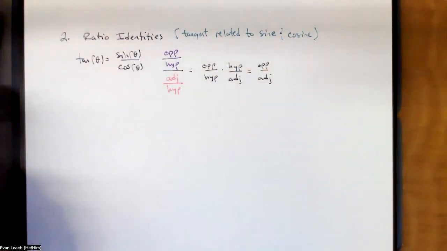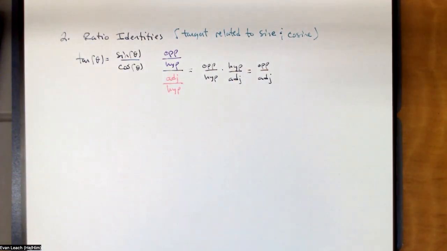So if we take opposite over hypotenuse and divide by adjacent over hypotenuse, we end up with opposite over adjacent. So tangent of theta is sine of theta over cosine theta. Tangent is sine over cosine.